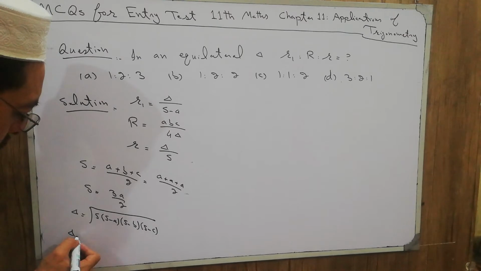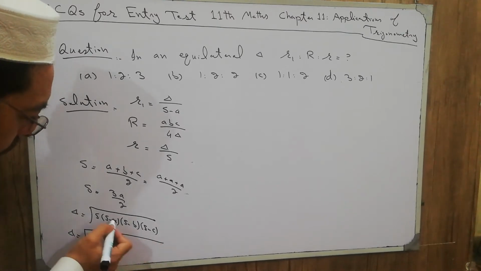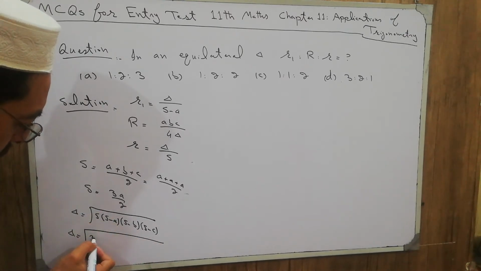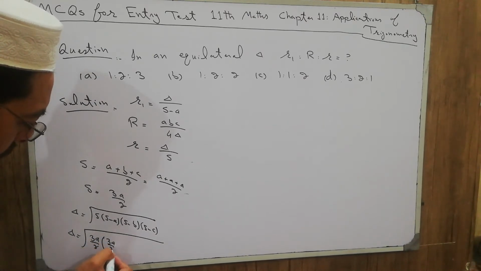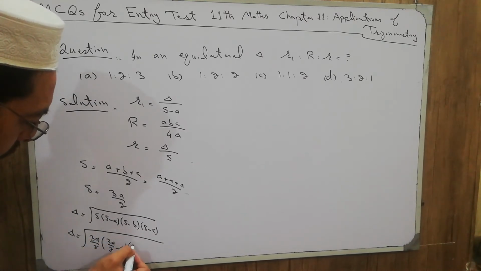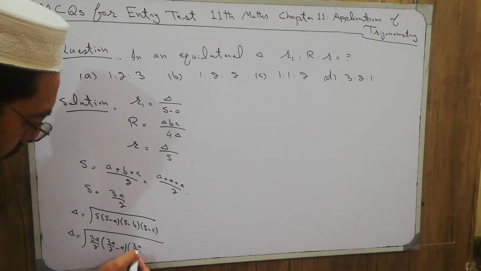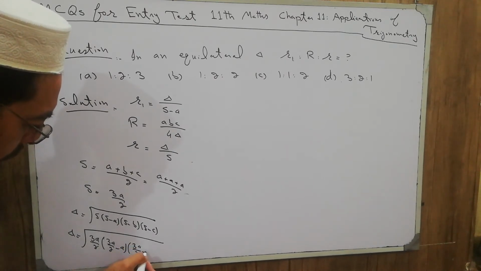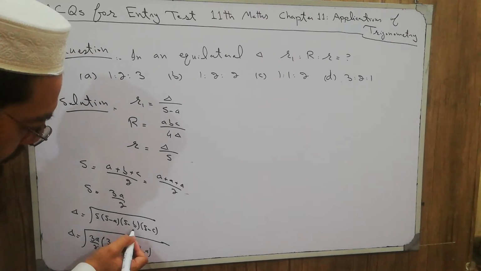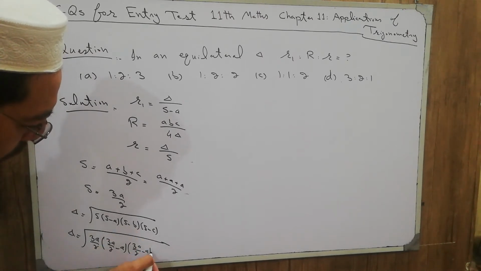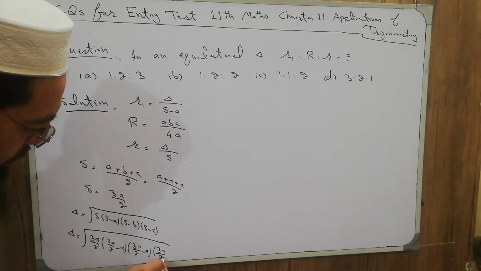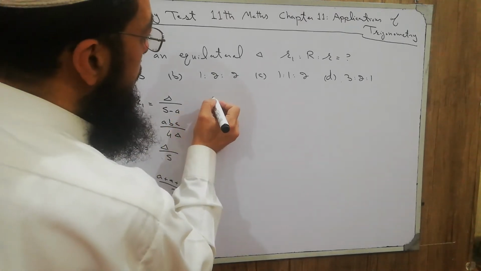So, area is equal to the square root of 3A by 2 into (3A by 2 minus A) into (3A by 2 minus A). For an equilateral triangle, A is equal to B is equal to C.